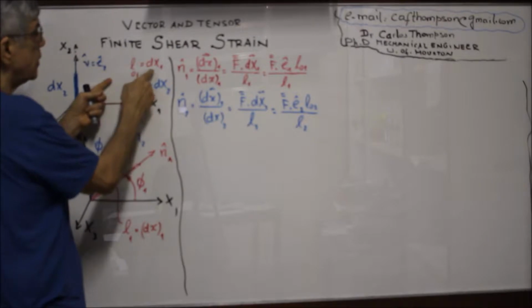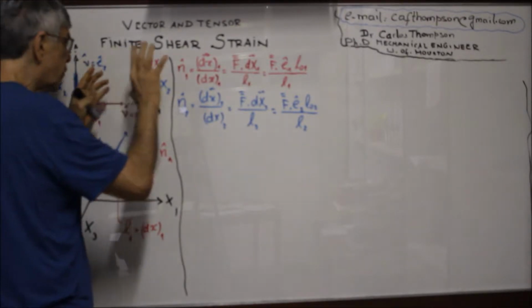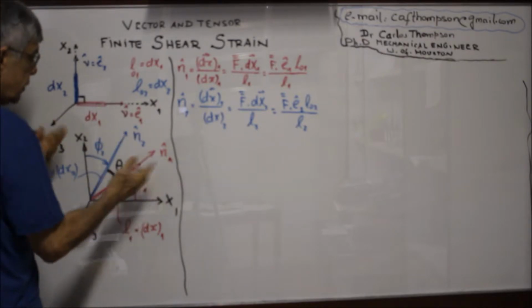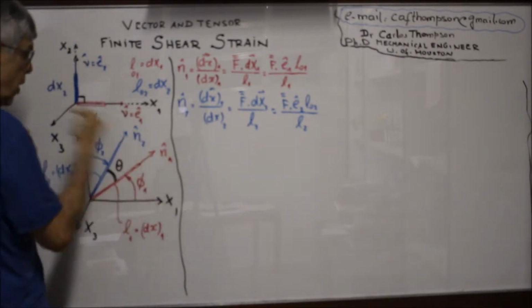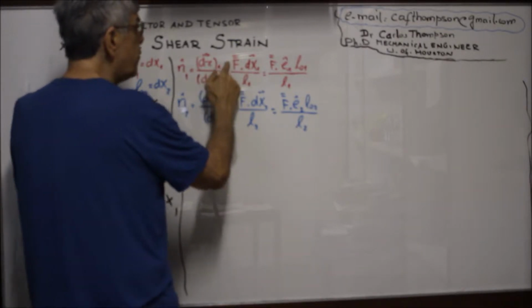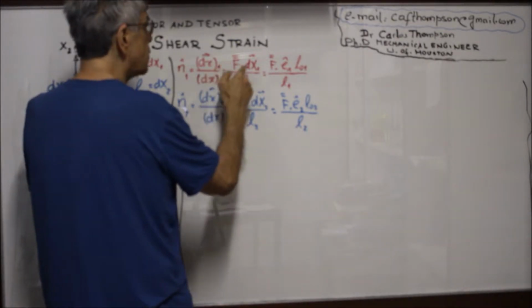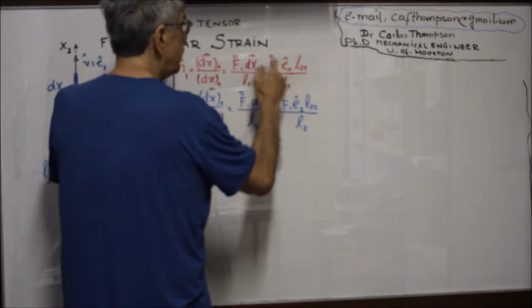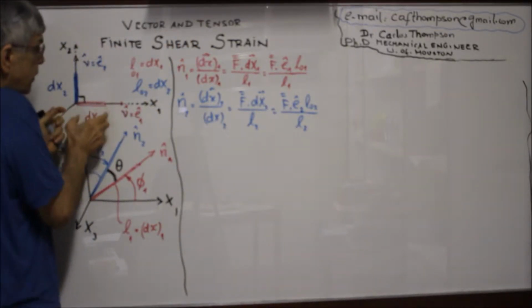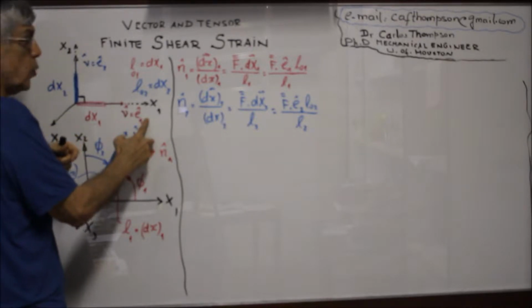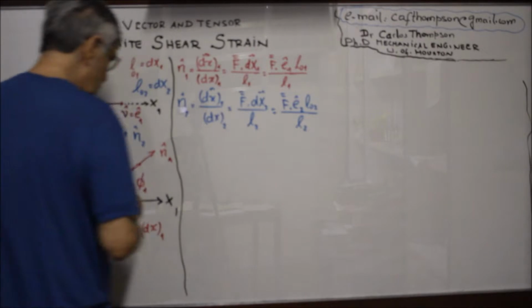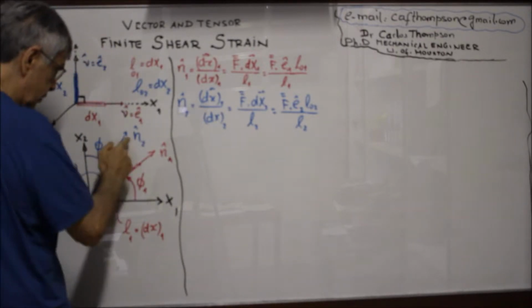So n1 is F, the second order tensor, dot dX1, and dX1 is the length dX1 times the unit vector e1.